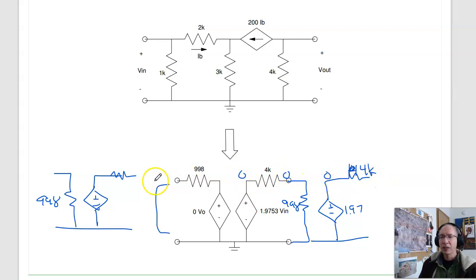All I see is 4K. The gain then is if I apply 1 volt at the input, this becomes 1.97 volts. By voltage division, what is that, 998?